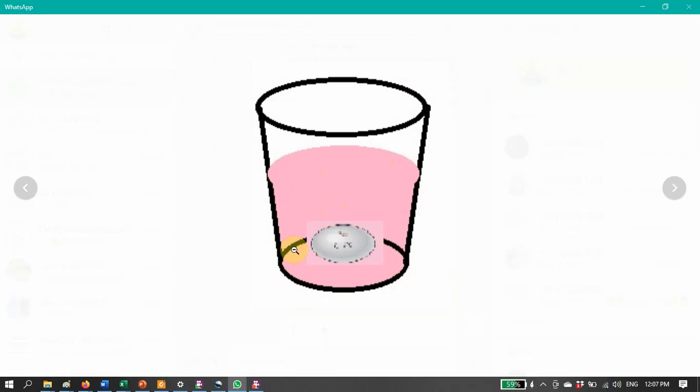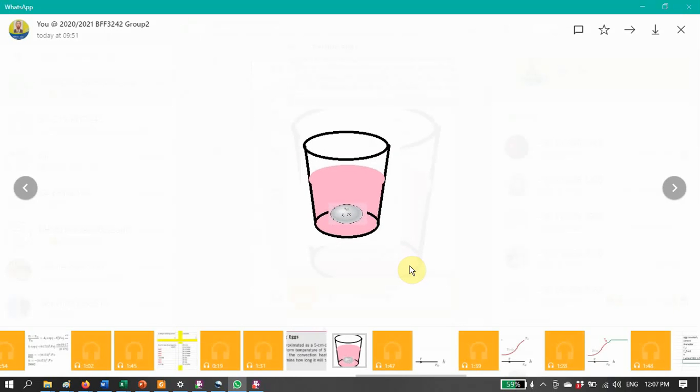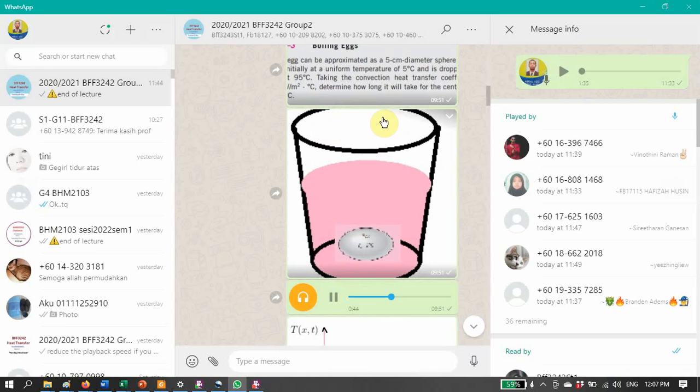So this is the way you are going to present your physical situation of the problem. You may have a lid or cover on these containers. It doesn't matter, as long as you show this three-dimensional, so I can accept this presentation.